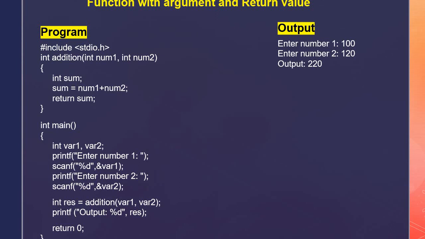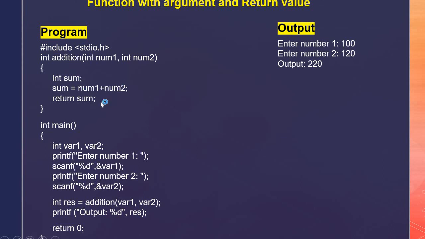Then int main. Here I have used two variables. Again, I have scanned for two values, var1, var2, from the user. Then res is equal to addition of, so I am calling the function addition with two actual arguments. Immediately it will jump over to the defined function addition, and this var1 will get substituted to num1 and var2 will get substituted to num2, and these two are formal arguments.